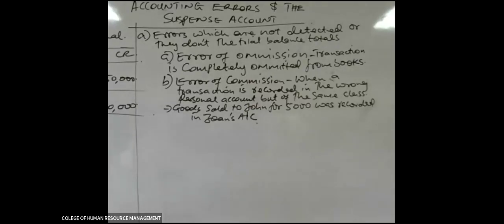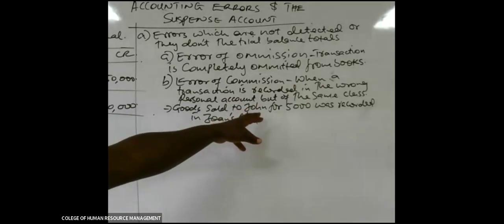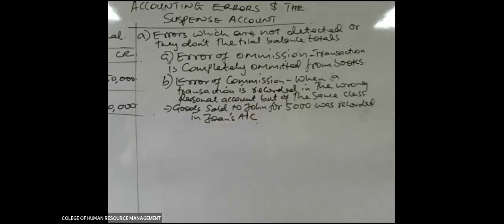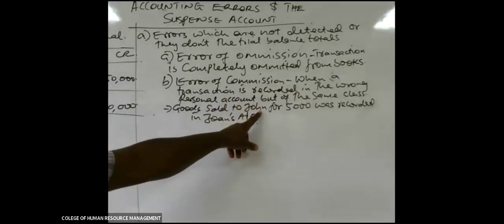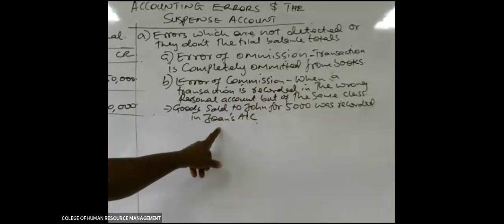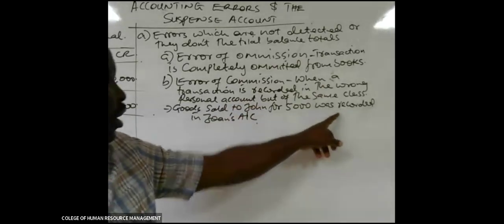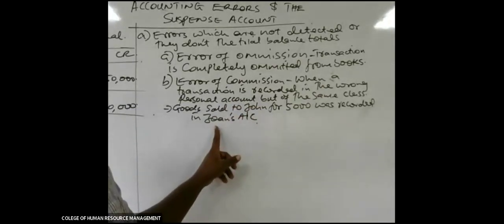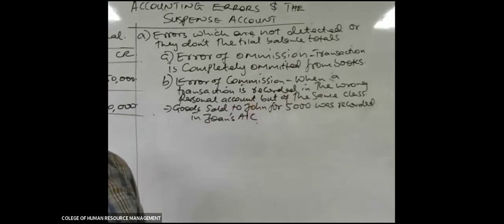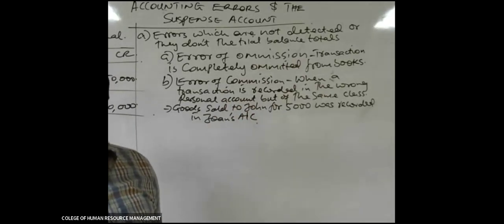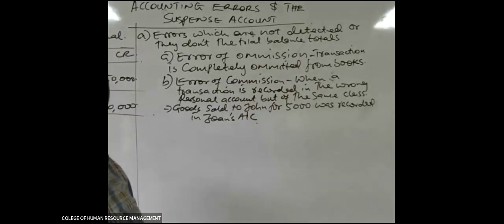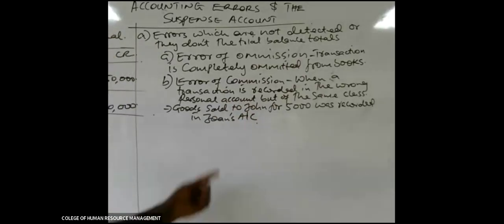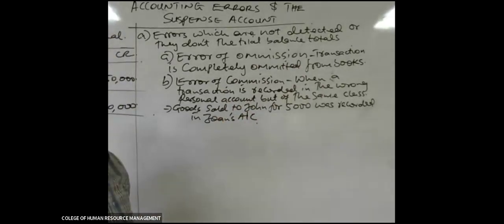So you need to remember now, if goods are sold to John, we were supposed to debit John and not Joan. When you sell goods, the customer who bought those goods becomes your debtor. We normally debit the account of the buyer. So we debited the wrong person. So how are you going to deal with that?